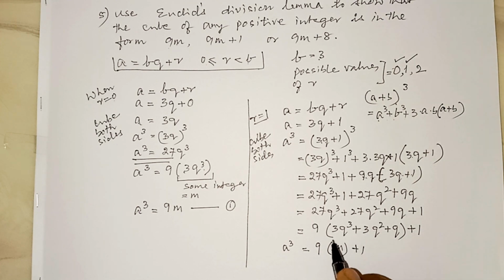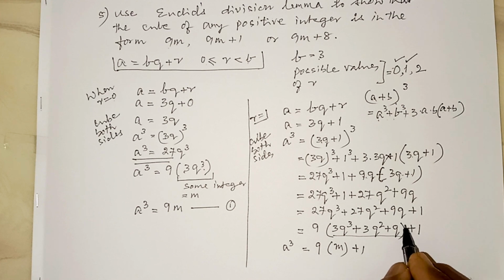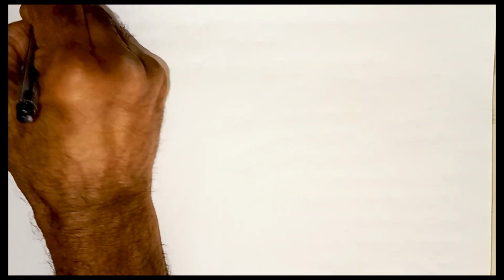The whole thing you see in the bracket is some integer which we represent by the letter m. Therefore, a cube becomes 9m plus 1. This is case 2. Now the value of r as 2.